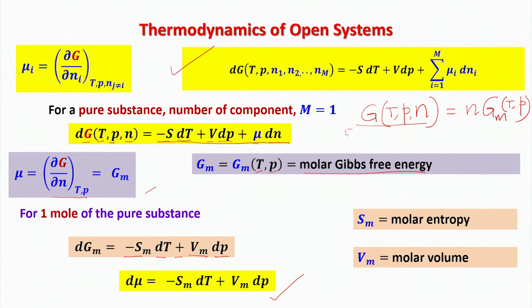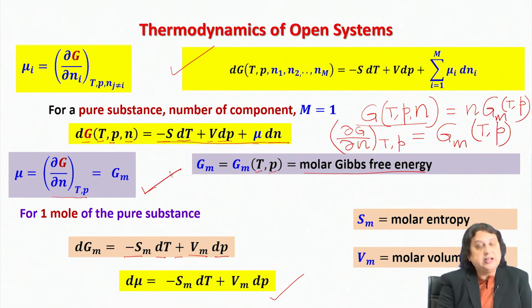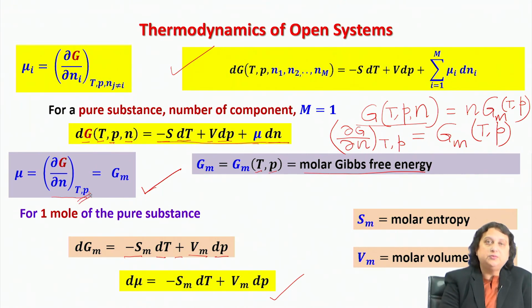Therefore, what is (∂G/∂N) at T, p? This must be equal to Gm(T,p), that is the molar Gibbs free energy at that temperature. So that is exactly what I have used here to show that mu is nothing but the molar Gibbs free energy at that temperature and pressure where I am evaluating mu.